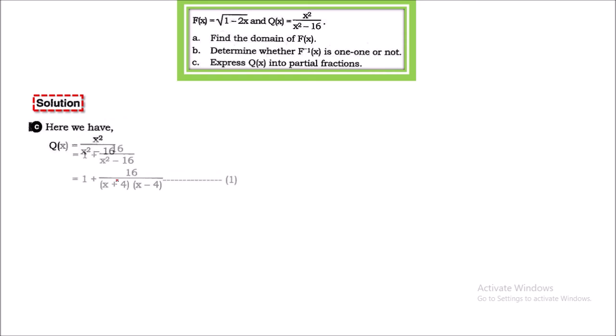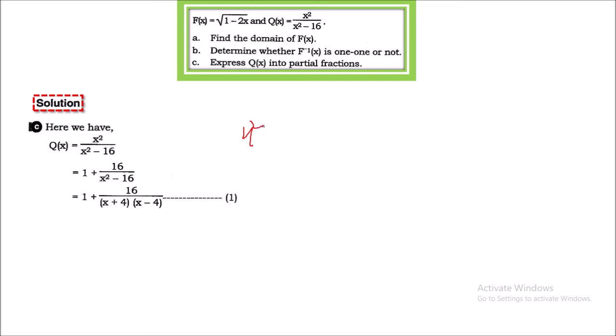So here I am going to break it as 1 plus 16 by x square minus 16. I just write x square minus 16 plus 16, and the denominator is x square minus 16.